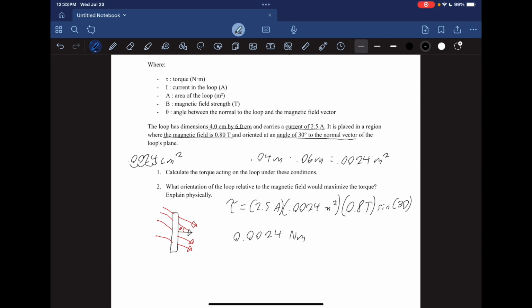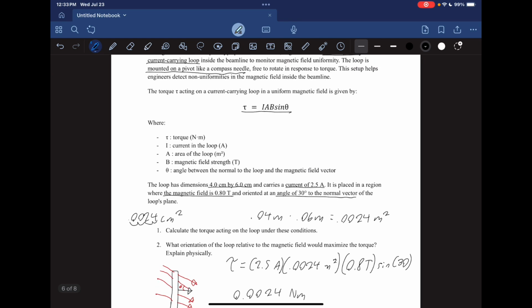And then it asks us what orientation of the loop relative to the magnetic field would maximize the torque. So we look at the equation for torque and we think, okay, what changes with orientation? Well, the current isn't going to change, the area of the loop isn't going to change, the magnetic field itself isn't going to change. The only thing that's going to change is theta.